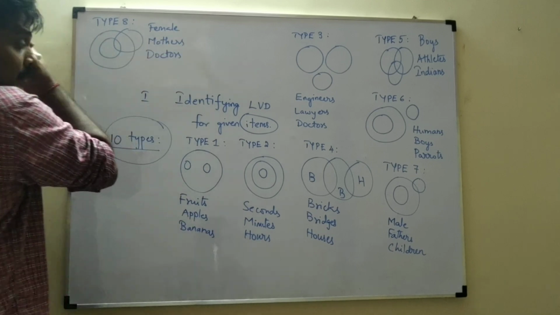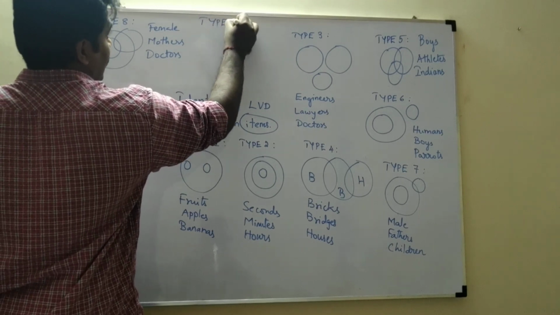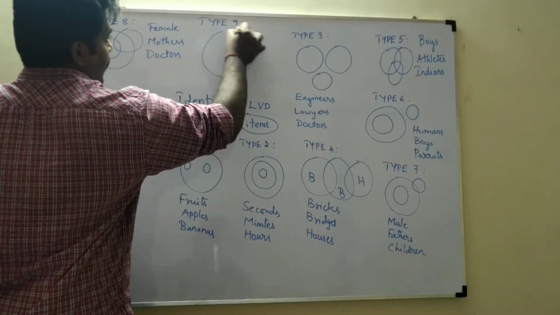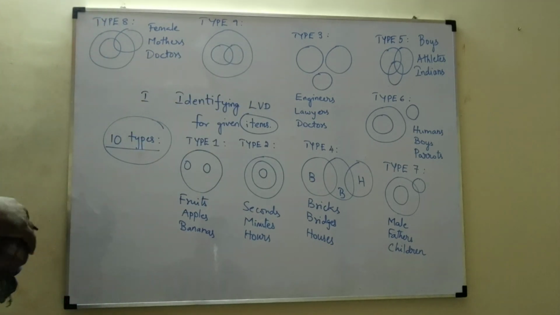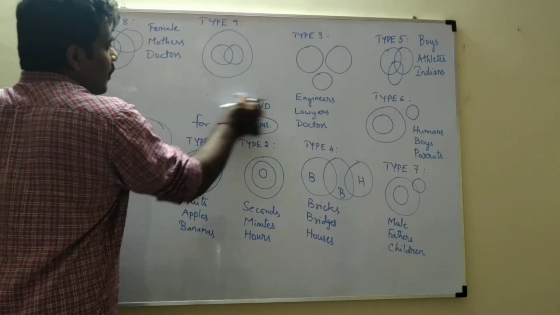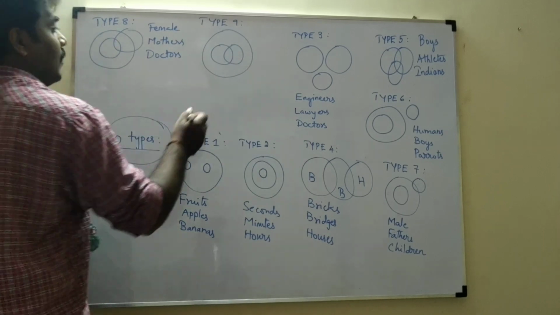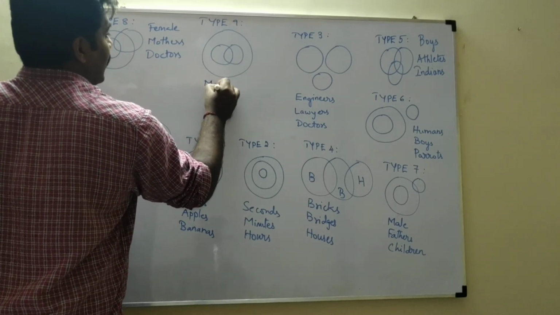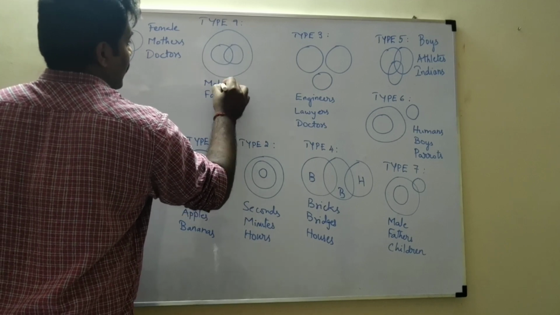Then type 9, where two items are partially connected and they belong to the same group. An example for this would be men, fathers, uncles.